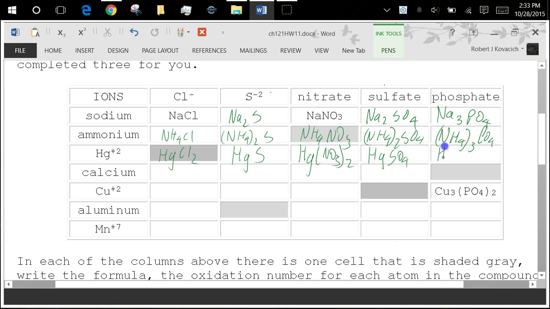We need Hg3(PO4)2. We good with that? If you're not, you should probably say something.